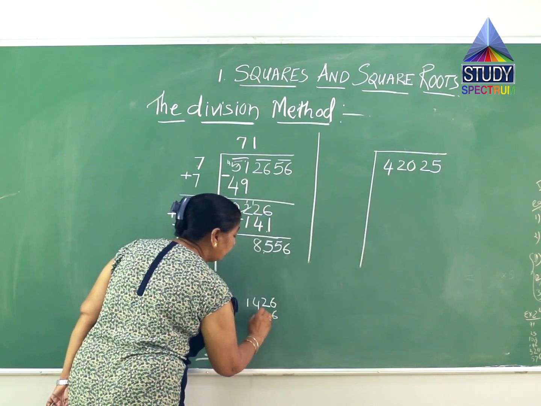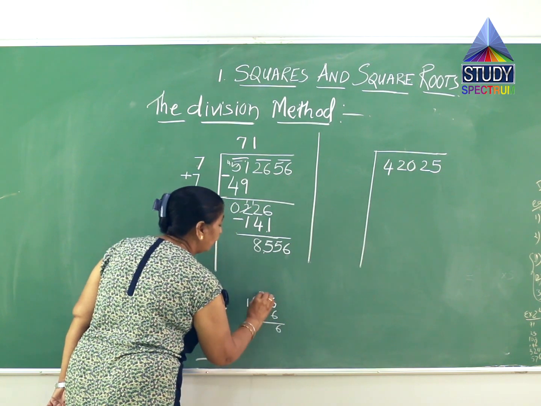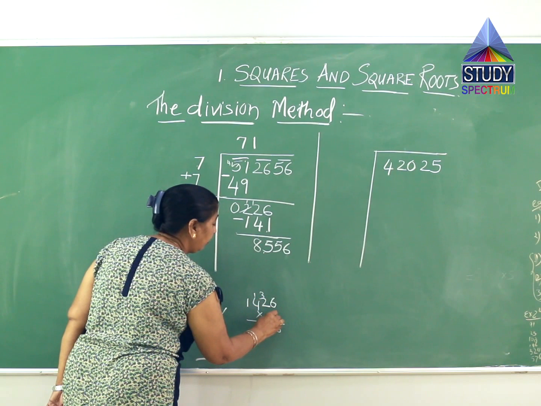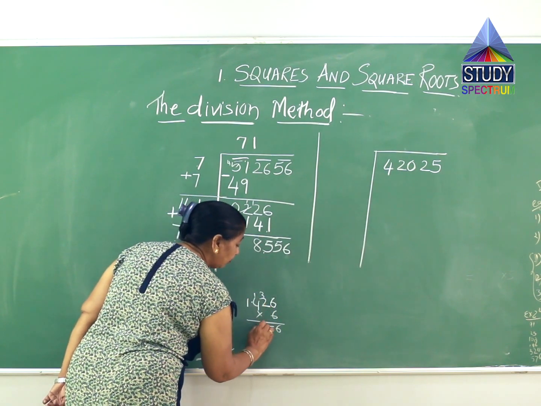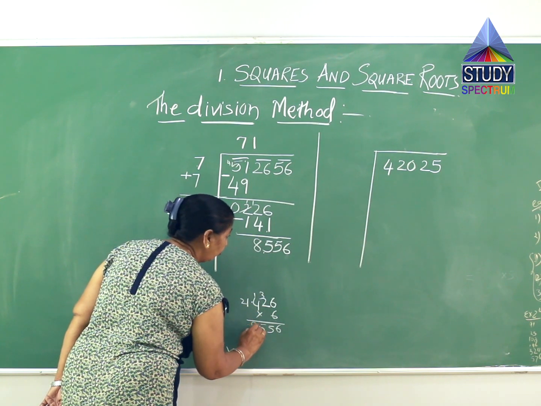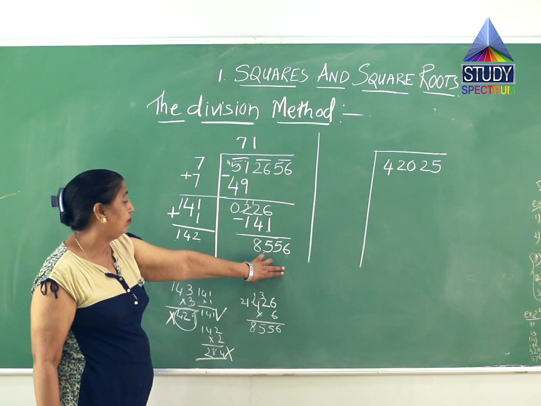If I take 6, 6 6s are 36, 3, 6 2s are 12 plus 3 15, 1 carry, 6 4s are 24 plus 1 25, 2 carry, and 6 1s are 6 plus 2 8. So it gives me exactly the same number.